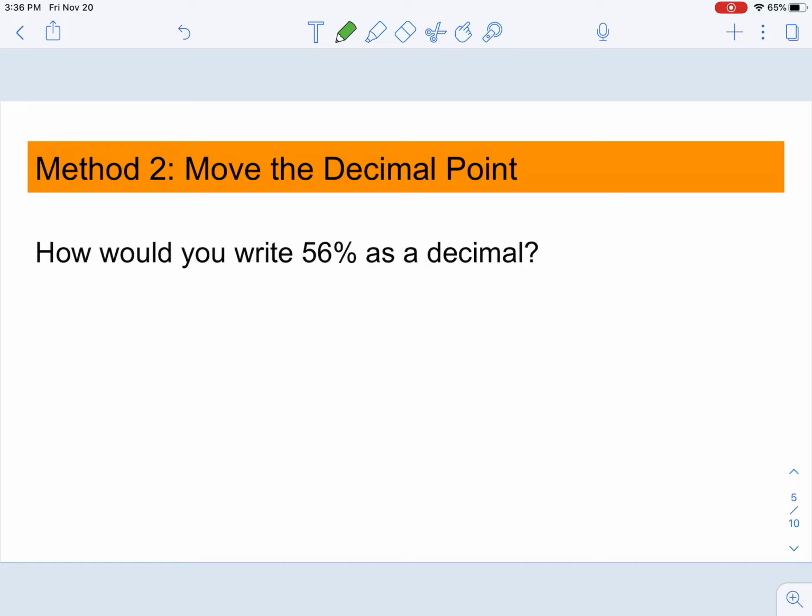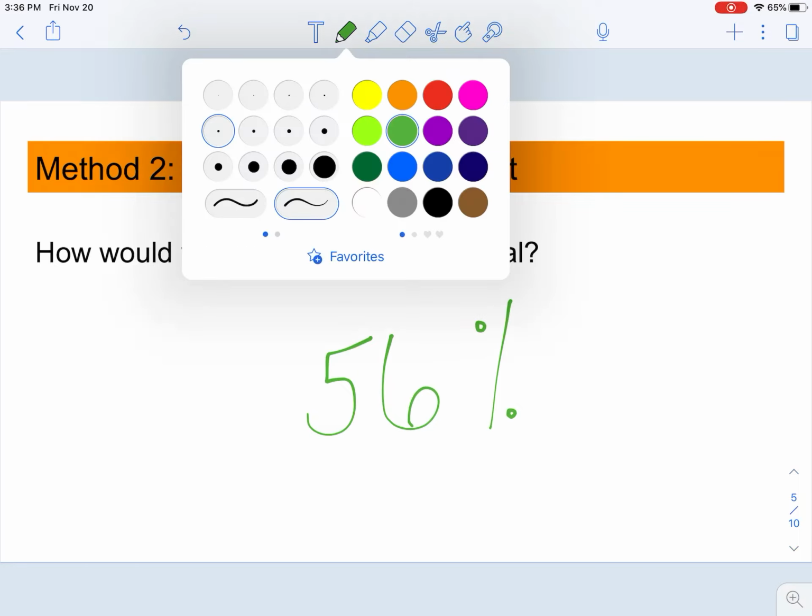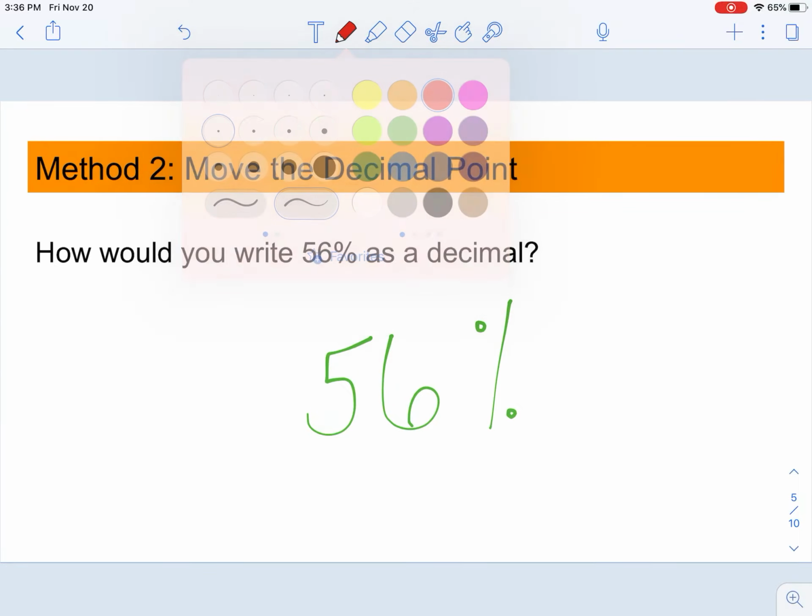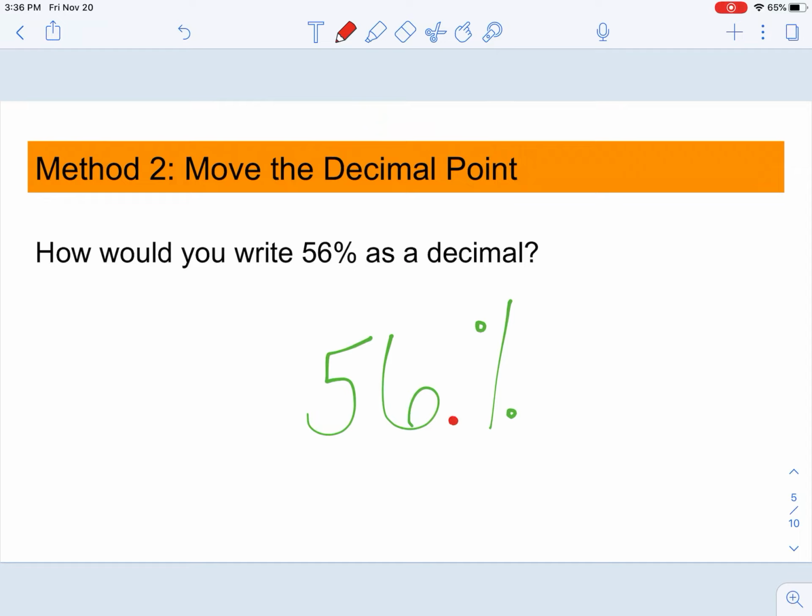The other thing you might want to do is to move the decimal point. So if we look at the number 56%, all whole numbers have a decimal point at the end that you just can't see. We don't put it on there because there's no decimal numbers afterward, but it's still there. When you are turning a percent into a decimal, you are dividing by 100. You're taking it out of 100.